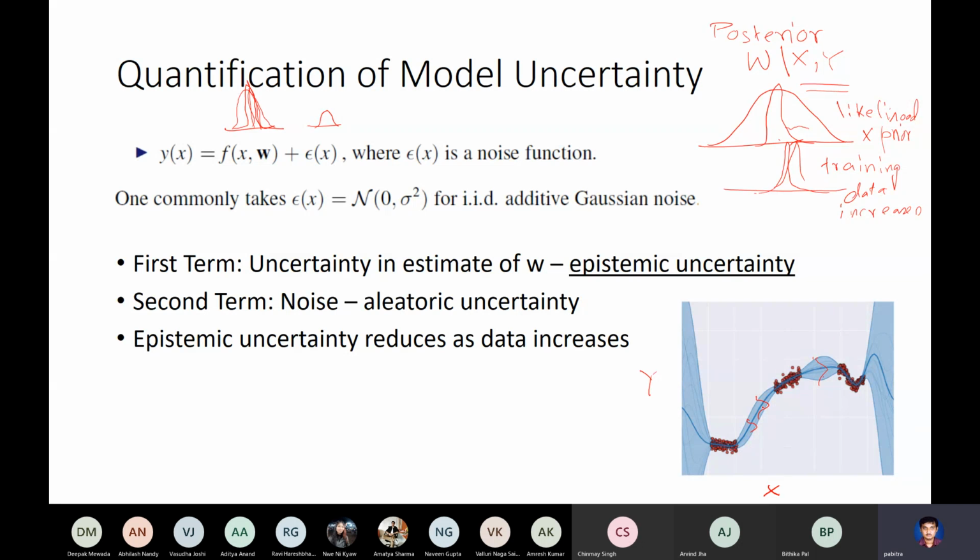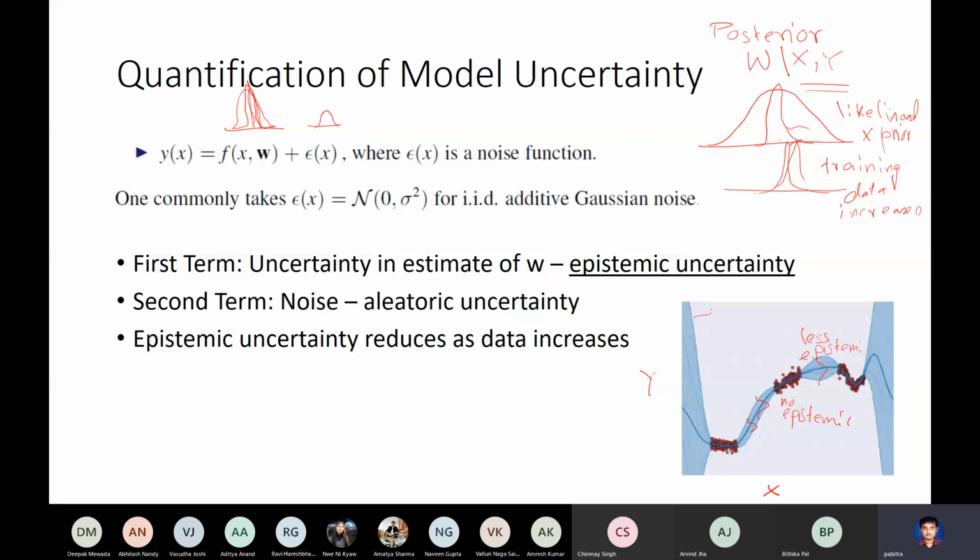You see the spread of this envelope is the epistemic uncertainty. You see the epistemic uncertainty varies over different values of x. So here you have almost no epistemic uncertainty. Here you have less epistemic uncertainty.